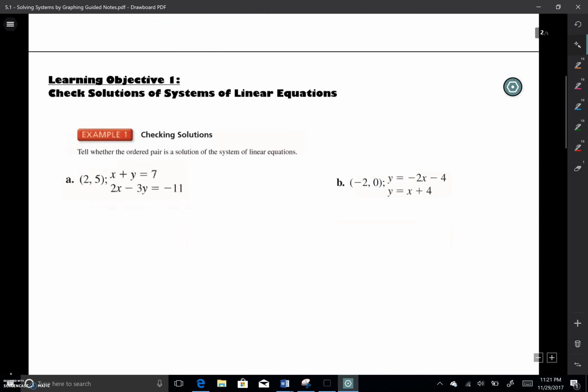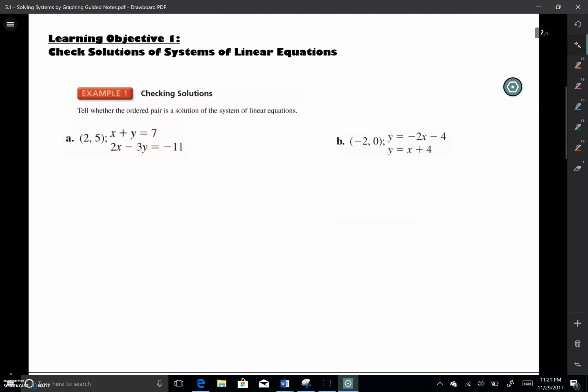So learning objective 1. For example 1, our directions read, tell whether the ordered pair is a solution of the system of linear equations. So looking at A, I'm given the ordered pair 2 comma 5, and I'm given the system with the equations x plus y equals 7 and 2x minus 3y equals negative 11.